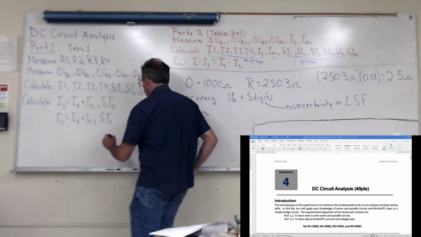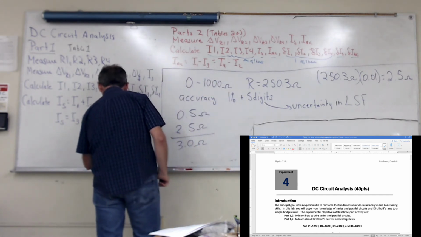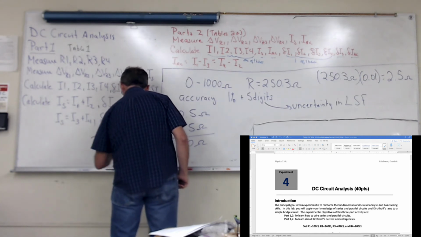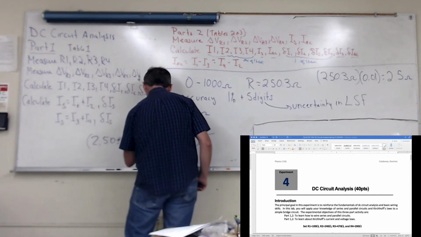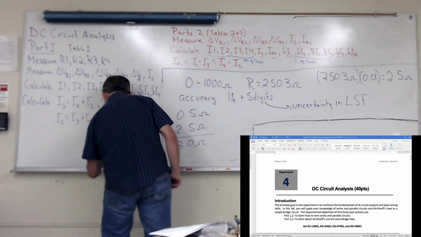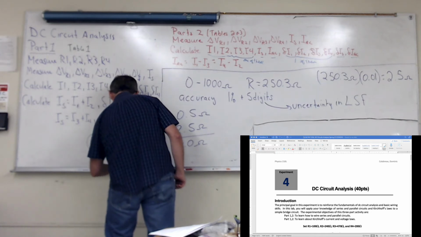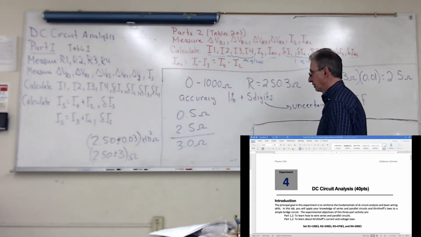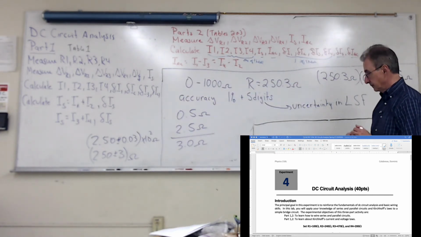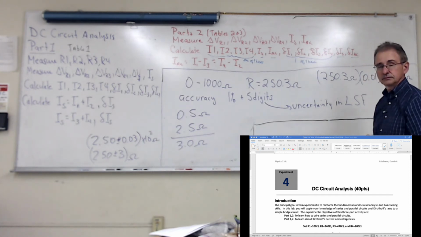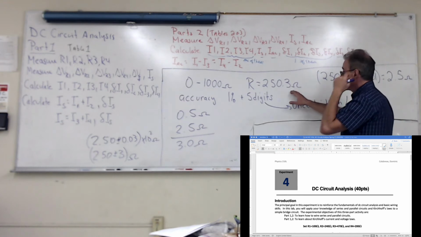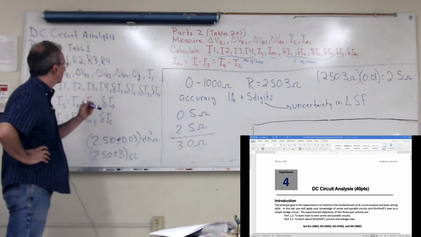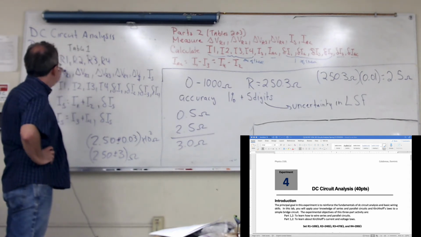My measurement is, and I'm going to quote it two different ways, 250 plus or minus 3 ohms. Okay, so that's what this means. And so you're going to need to figure out what the uncertainty is based on the manual for these measured values.